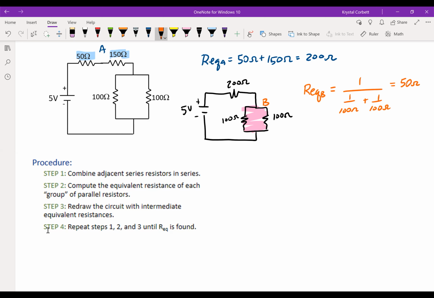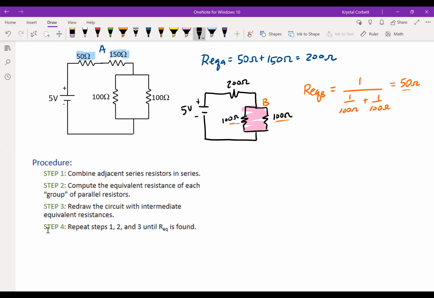Take a second, make sure that makes sense. 50 ohms is less than the smallest resistor in the circuit. And I'm also noting that 50 is half of 100. So whenever resistors are in parallel, if they're the exact same value, the equivalent resistance is just half of them, which could be useful to help you solve these circuits a little bit faster.